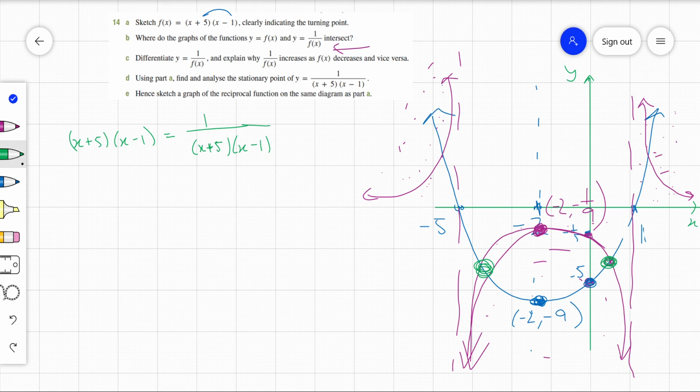Right, so if we multiply across, we've got ((x plus 5)(x minus 1)) all squared, equaling 1. We could look at where that equals 1. There are many different ways to do it. Find and analyze, hence sketch the graph.